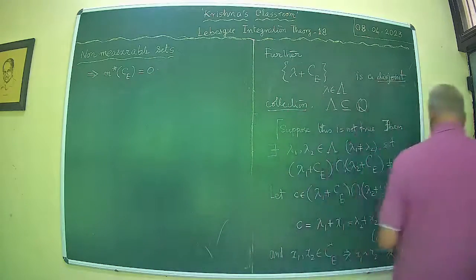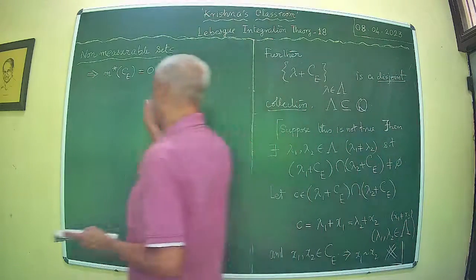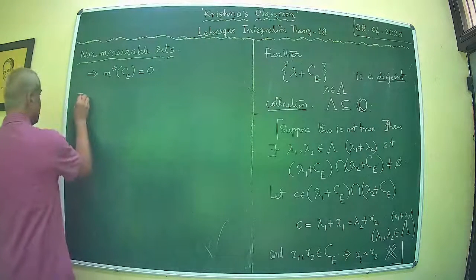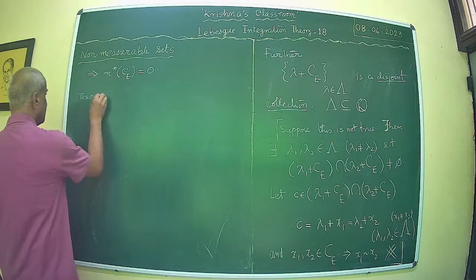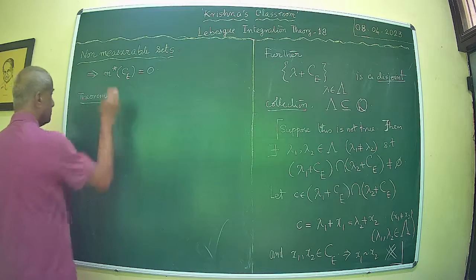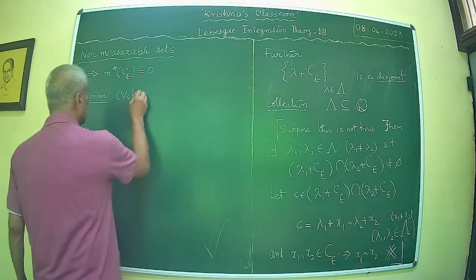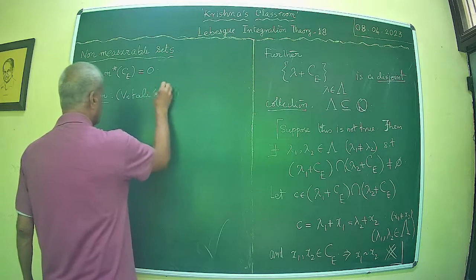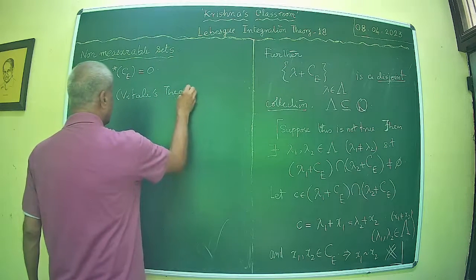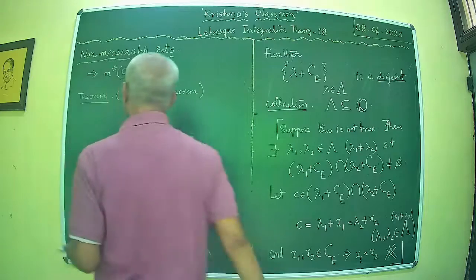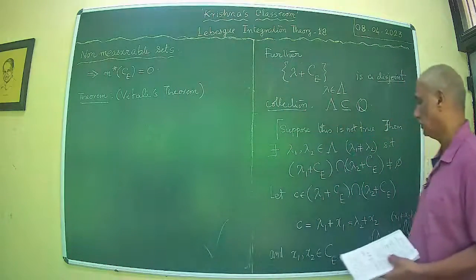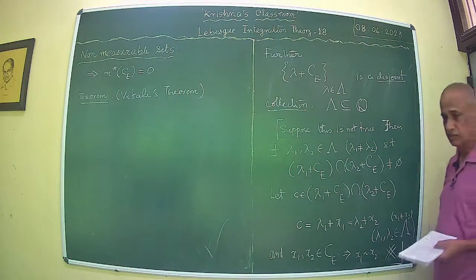Okay, so let us now prove it. This is Vitali's theorem. This theorem proves the existence of a non-measurable set.